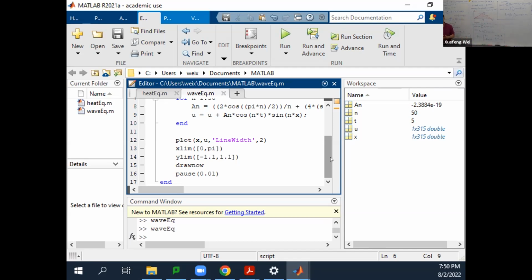It just vibrates forever. They will always go from -1 to 1 because this is a perfect elastic string.